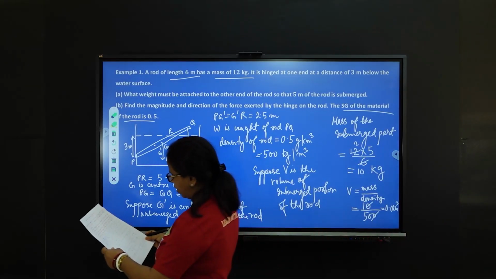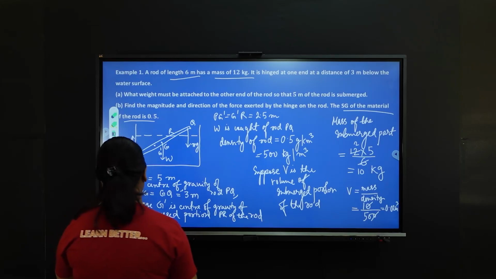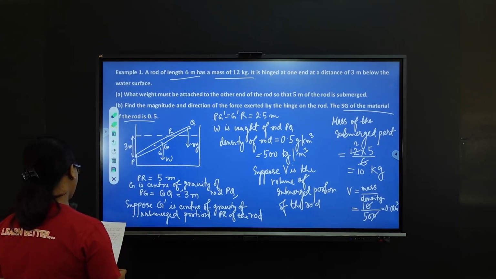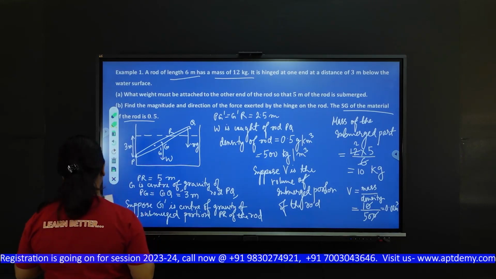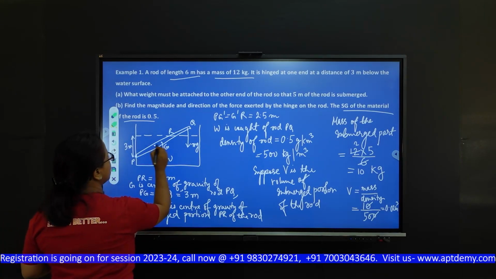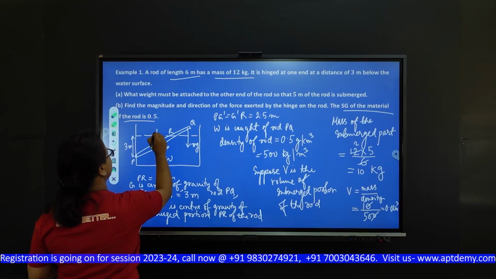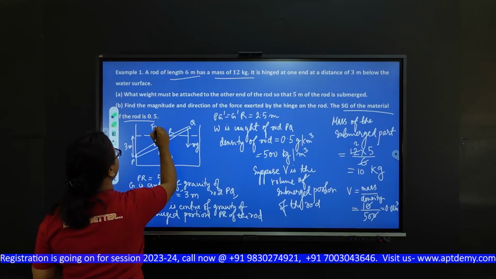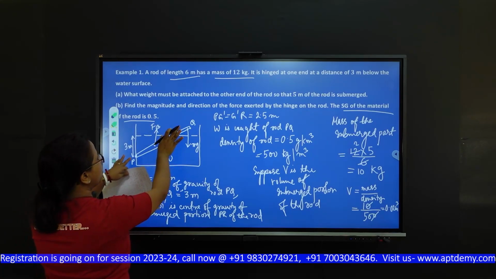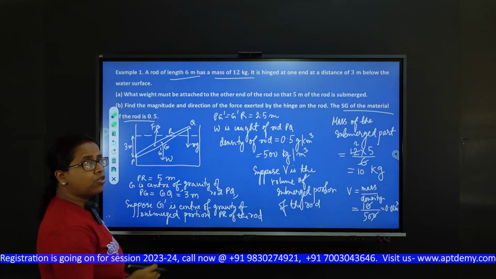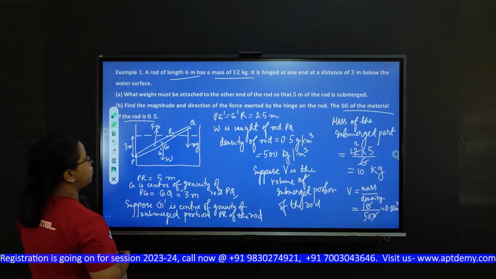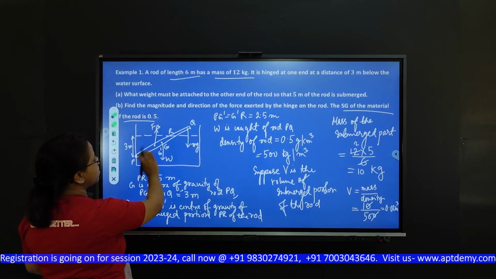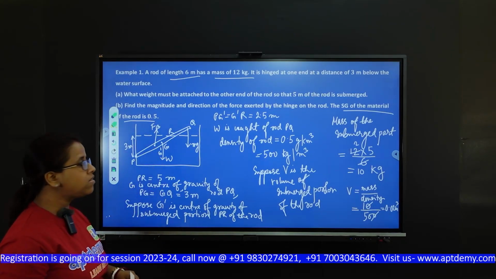Now let us look at the forces which are acting on the rod. So if you take a look at the forces, one of the forces we have is the force due to buoyancy, the upward force, which is trying to bring the rod back into position. So we have the buoyant force and the weight of the liquid displaced.